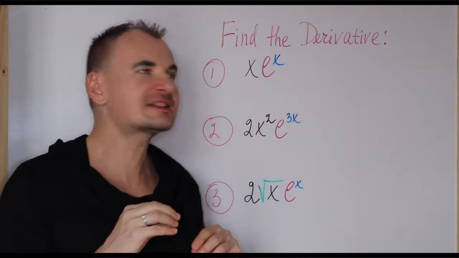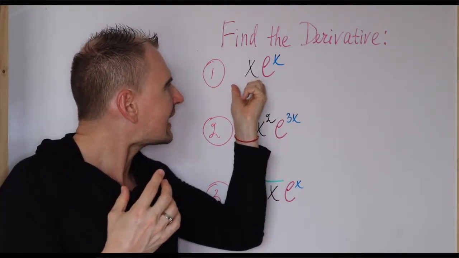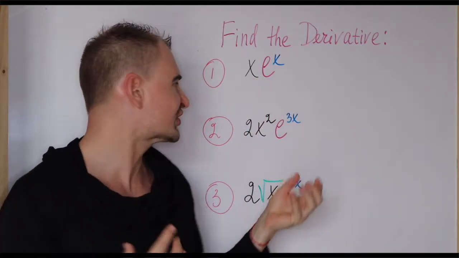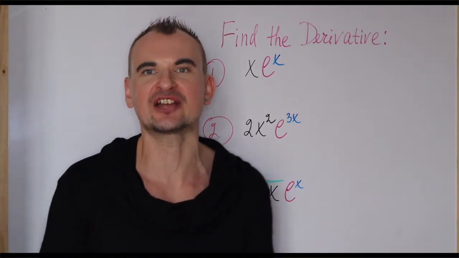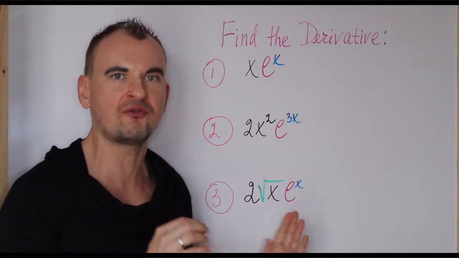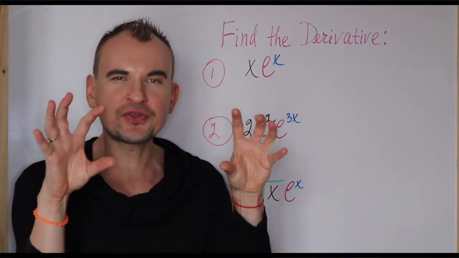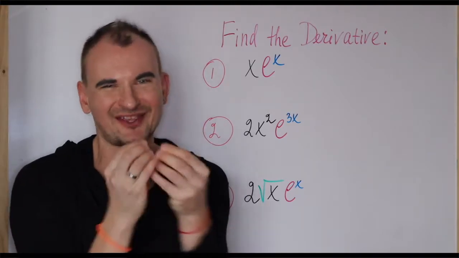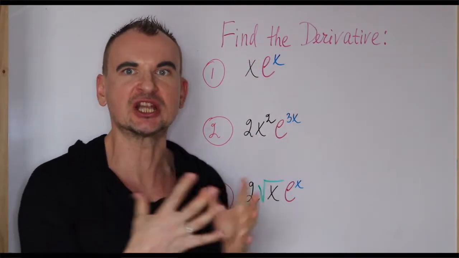What if you are given something not just e to the x, but something like x times e to the x, or let's say 2x squared times e to the 3x, and you need to find the derivative of these kinds of functions? What do you do? In a nutshell, you are given two functions being multiplied together, say algebraic and exponential.